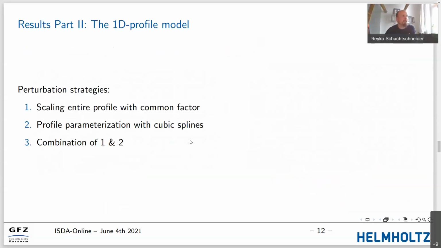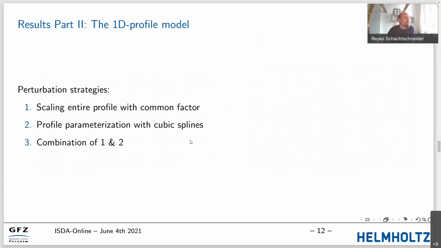In the next part, we investigated a 1D profile of viscosity distribution, not only two regions as in the first part. And here we had a closer look, especially at perturbation strategies of the profile.